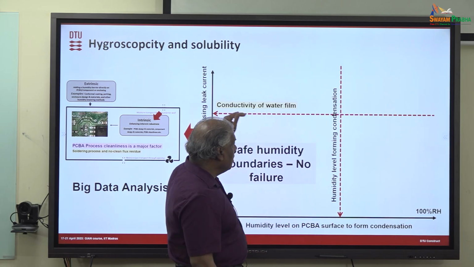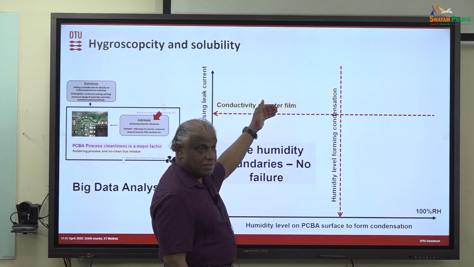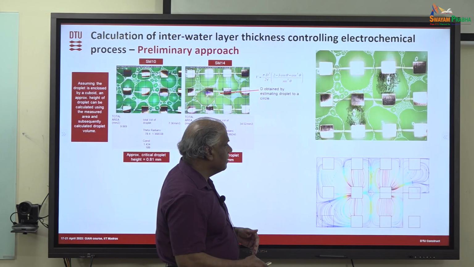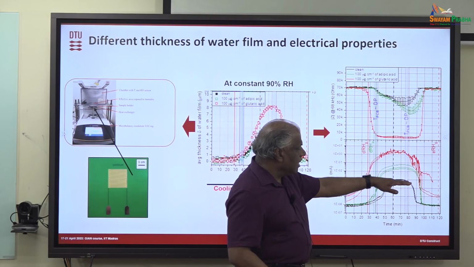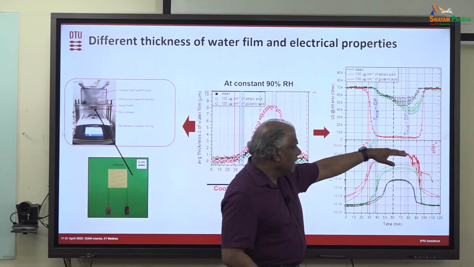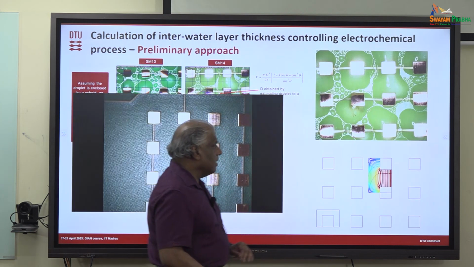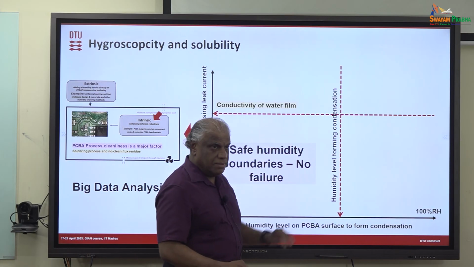Another is that when the deliquescent water film forms and the contamination dissolves in it, it also determines the conductivity. That's the reason you see, in this experiment, that with one clean condition you get a level of leak current, with one contamination you get another level, and with another contamination another level, because of the conductivity. The other is the humidity boundary because of deliquescence.